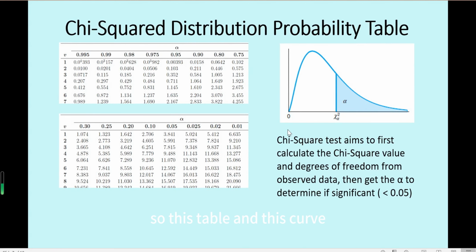So this table and this curve are used to manually do a chi-square test or calculate the chi-square distribution. If we look at this alpha shaded area and this value x, this value is actually the critical value, or quantile value, of a chi-square distribution.